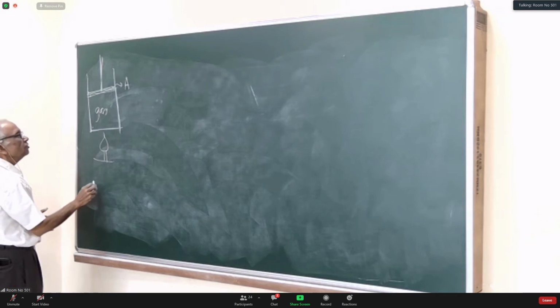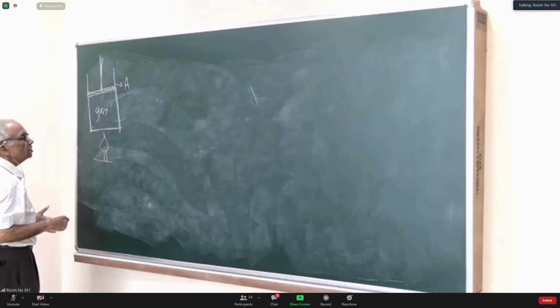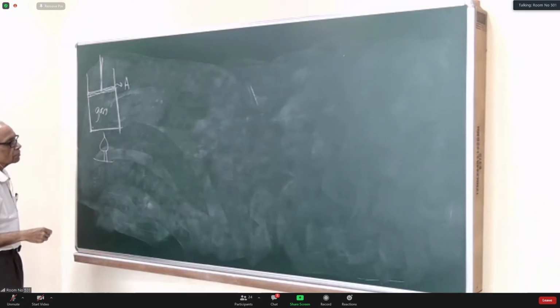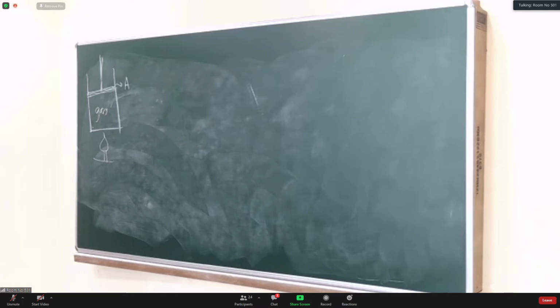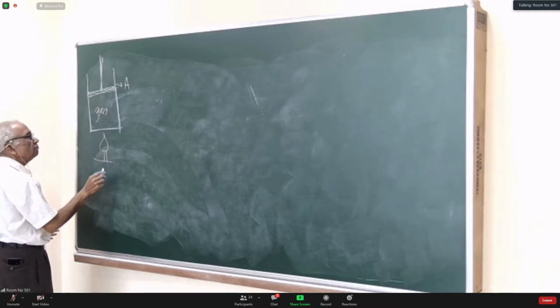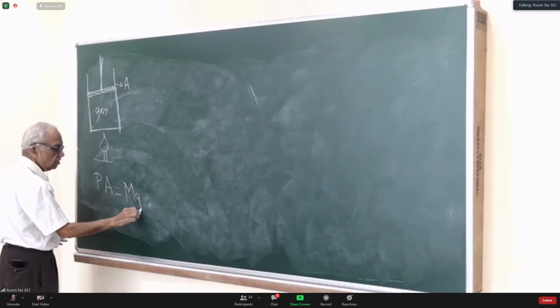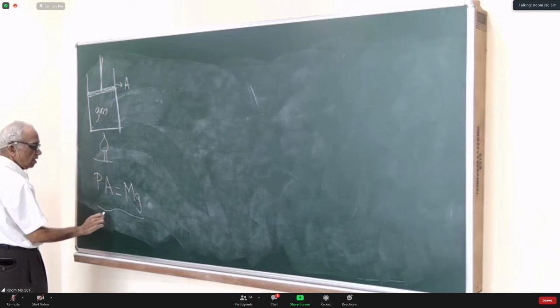In the absence of the flame, things are balanced: the weight of the piston is balanced by the pressure of the gas times the cross-sectional area, and you have equilibrium.